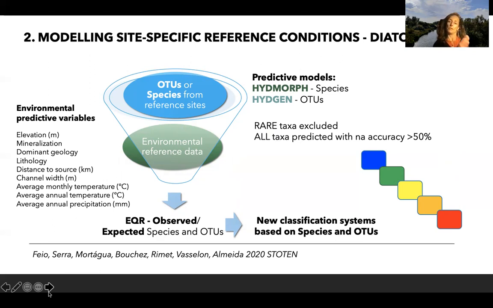This is to approximate our method to what is required in the Water Framework Directive. In this case, we decided to build two models, one based on species, the Hydromorph, and the other based on OTUs, the Hygiene. We excluded rare taxa in both cases, and all taxa in the models were predicted with an accuracy above 50%. And we built two new classification systems, one for species and another for OTUs.